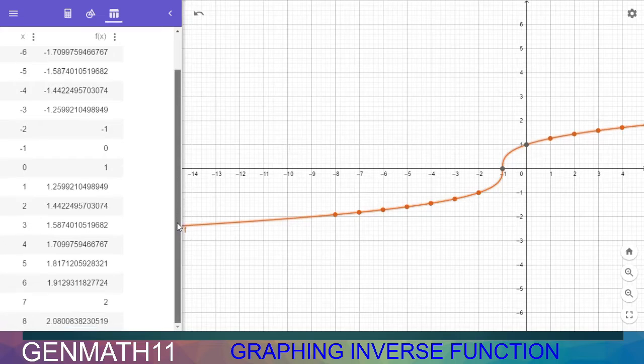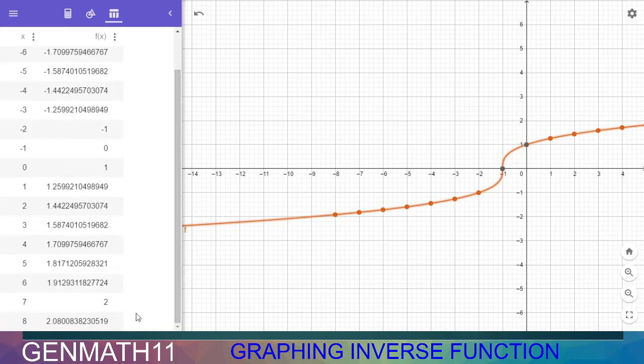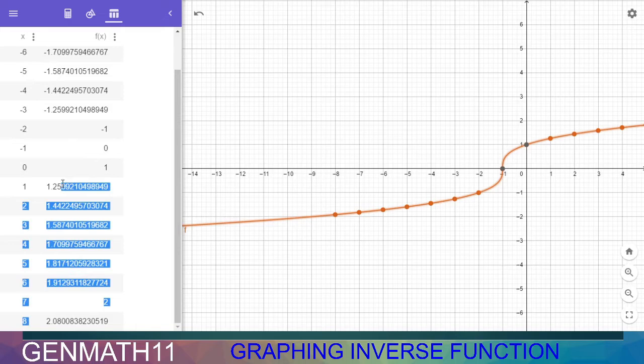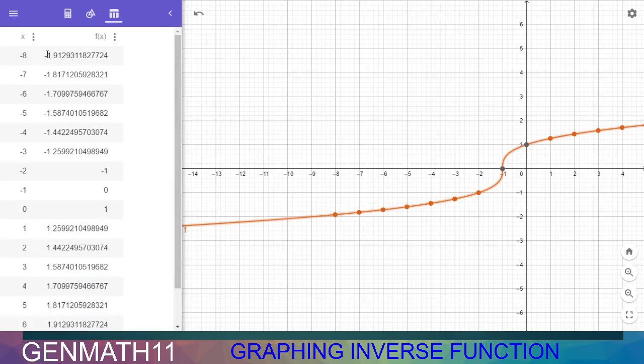So, kung mapapansin nyo, yung ating values ng f of x natin is a decimal. Decimal siya, di ba? Hindi sakto yung lumalabas since we are dealing with radicals. Ganito yung lalabas kalimitan.